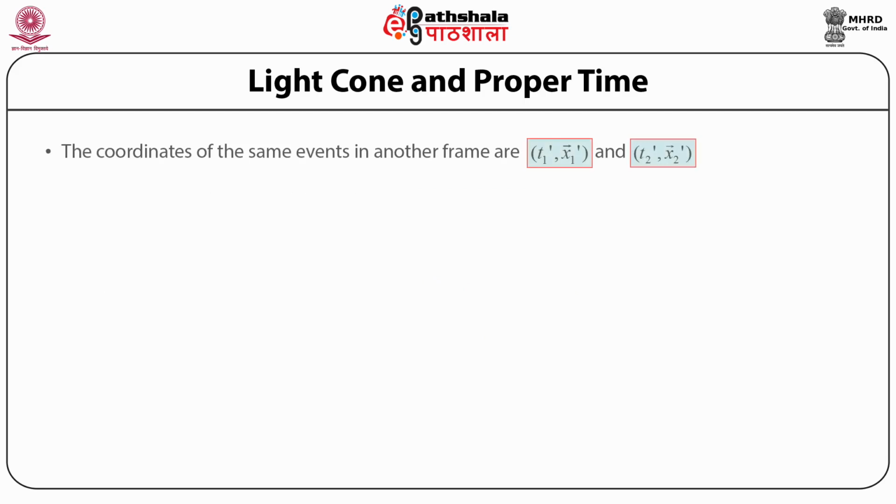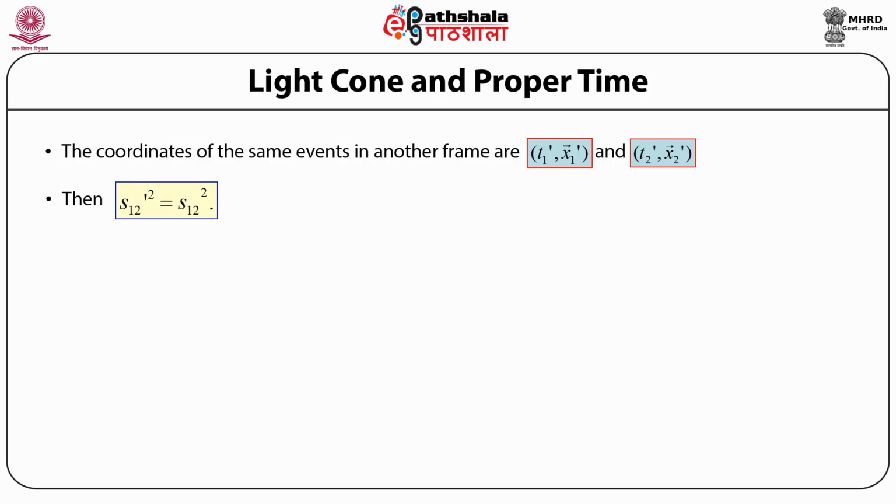Now let us look at the coordinates for the same events in another frame of reference, which is again inertial and which is moving with respect to this frame of reference with a speed v along the x-axis. The coordinates for the same events in this new frame are t1 prime and vector x1 prime, and t2 prime and vector x2 prime.